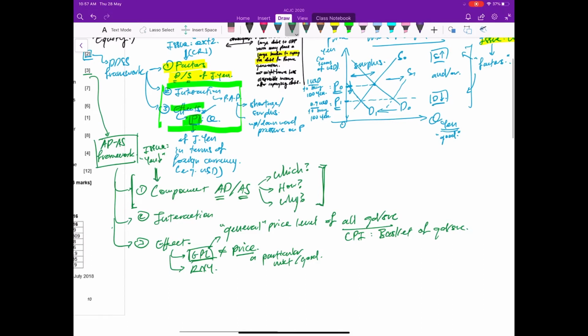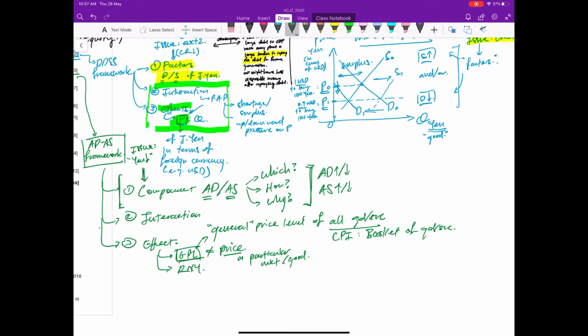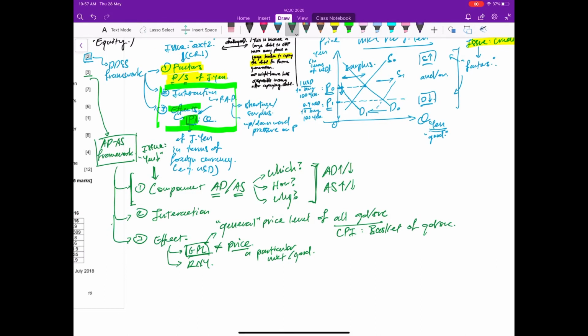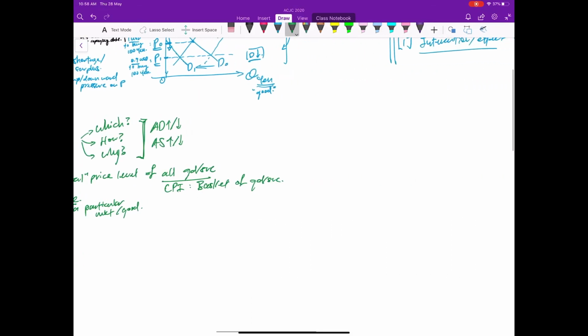And once you can tell me if it's AD increase or decrease, if it's AS increase or decrease, you can then go on to the interaction, and then the interaction will lead you to the effects. And the effects, you focus on general price levels, not so much on the real national income, right? How does the fall in the value of yen affect the AD and or the AS? Which do you think it is? I hope you've already done your answers, so I'm not going to pause and let you have time to discuss. I'm just going to go through it.